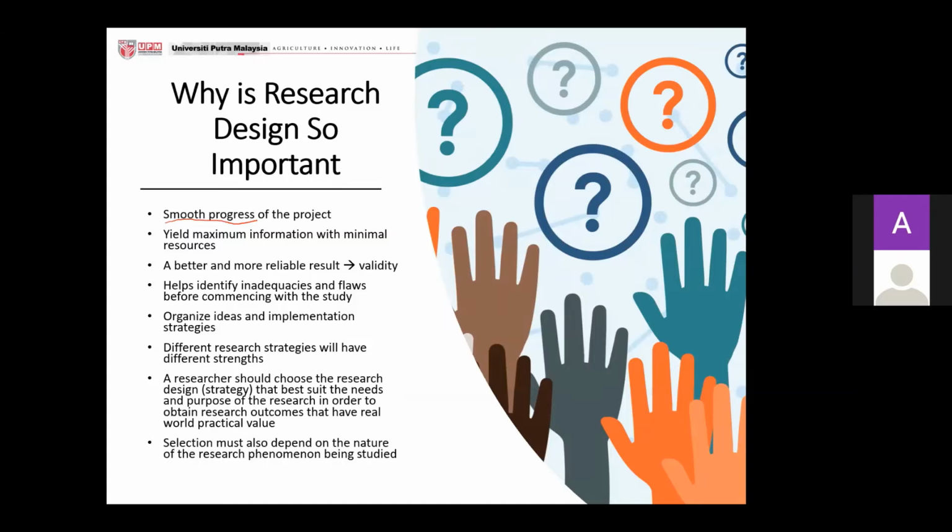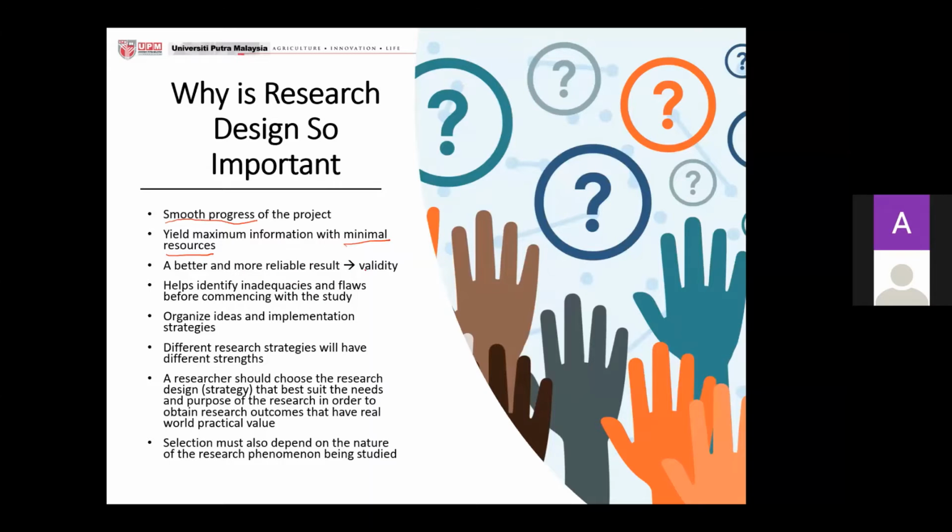If you really want to do it, that's fine as well, but you have to think about where you might get access to specific things. Secondly, yield maximum information with minimal resources. That's always the way to go because we are trying to be more productive. People always say, work smart, not work hard. That's basically this one: you yield maximum results with minimum resources.